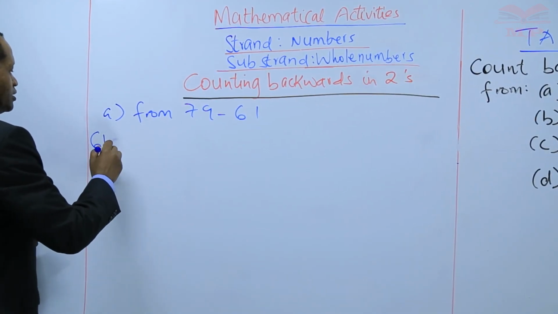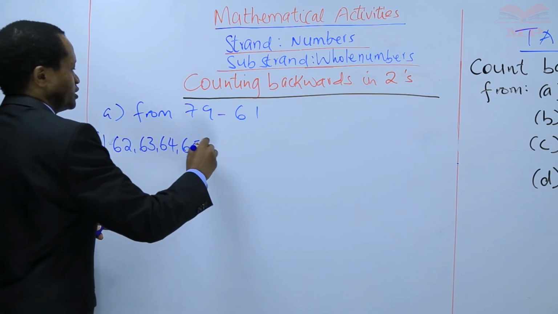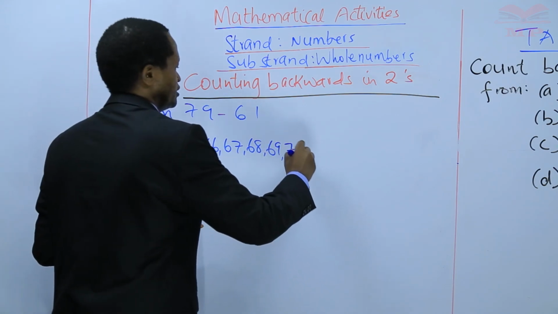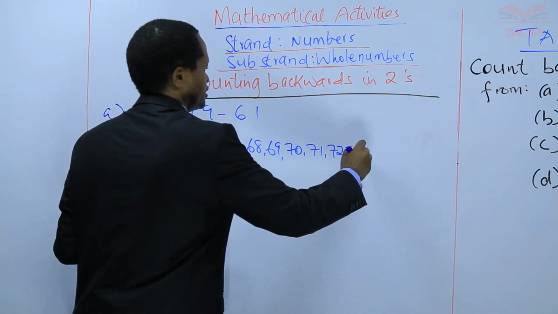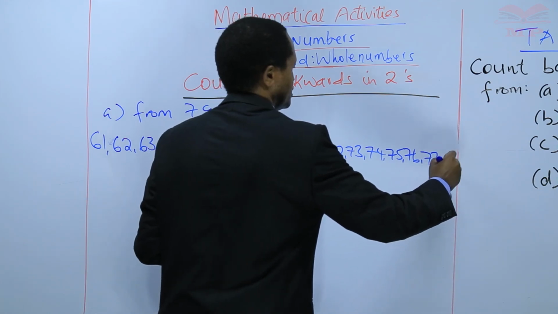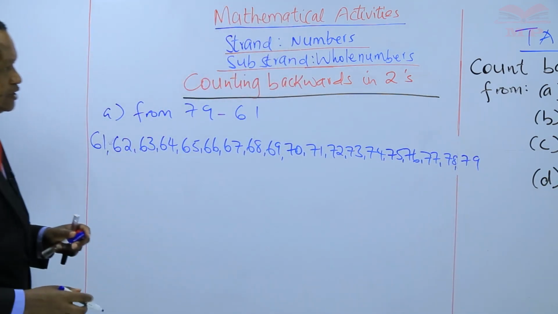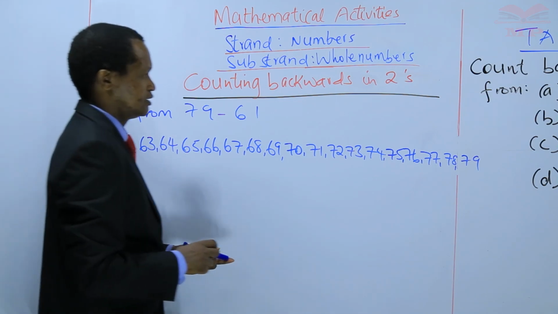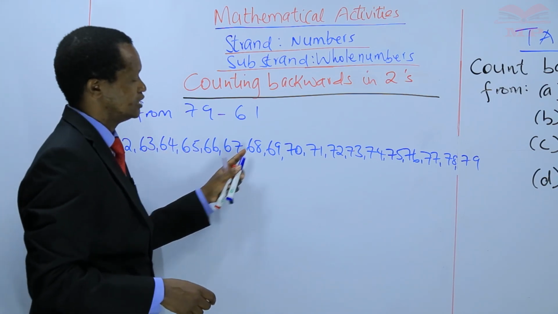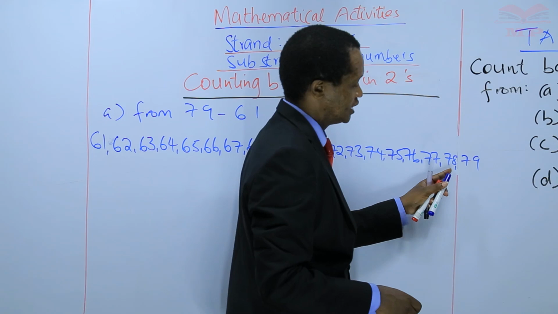You have 61, 62, 63, 64, 65, 66, 67, 68, 69, 70, 71, 72, 73, 74, 75, 76, 77, 78, and 79.